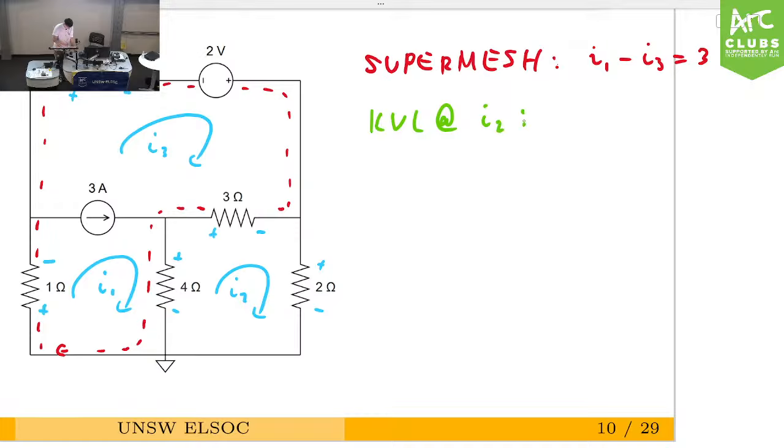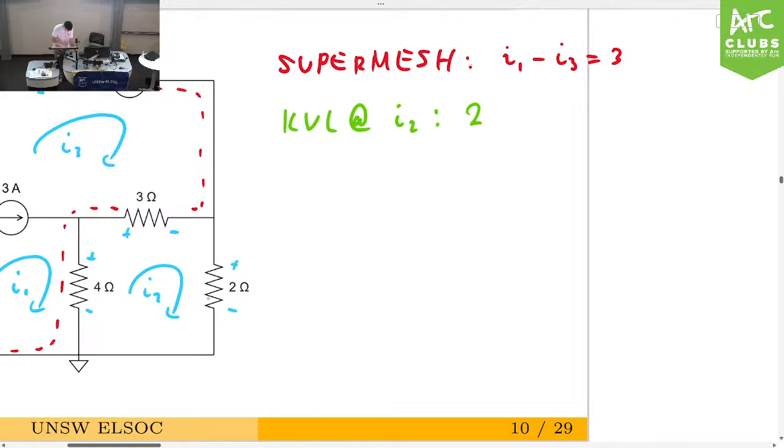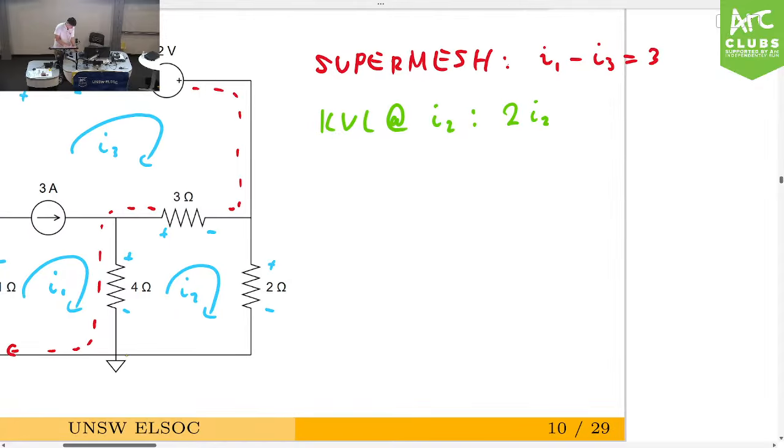Let's go from here. We're going through the 2 ohm resistor, and we have I2 going through it, so the voltage drop across here would be 2I2. Then we're entering the 4 ohm resistor from the negative side. Every time you enter something from the negative terminal, we have to put a minus sign.